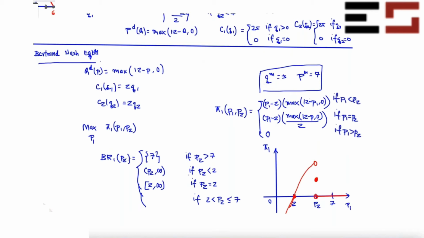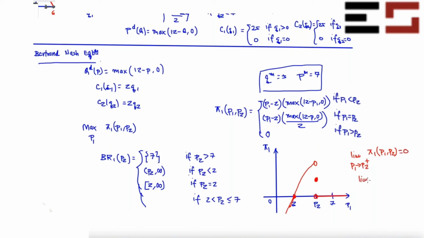Okay, so a question on the limits. Let me ask you quickly, what is the limit as P1 approaches P2 from the right of pi 1 P1 P2? What is it? 0.